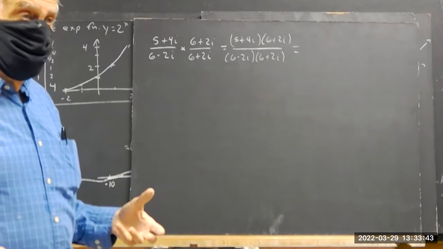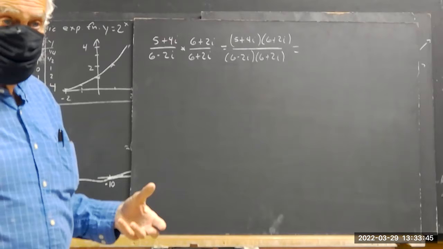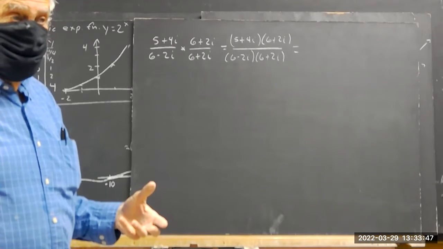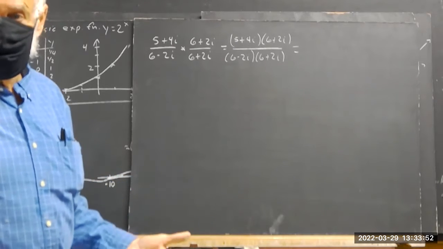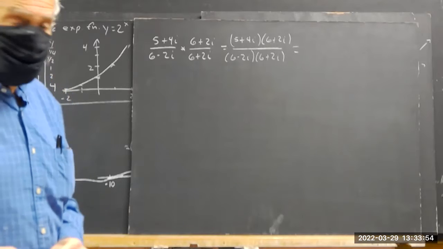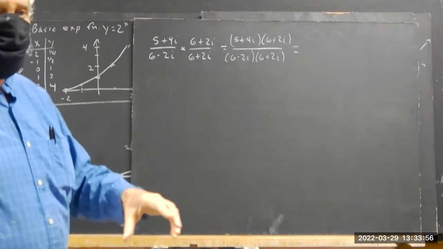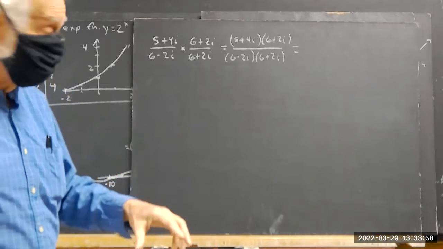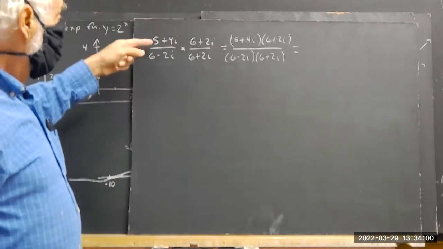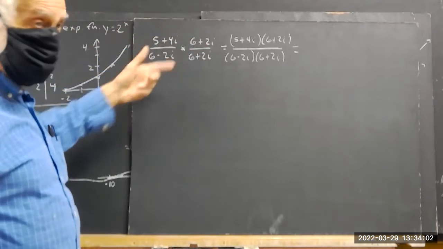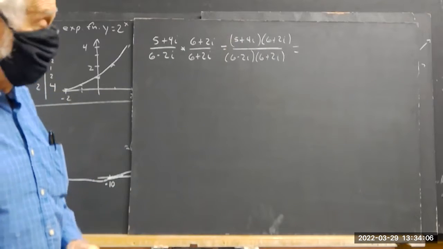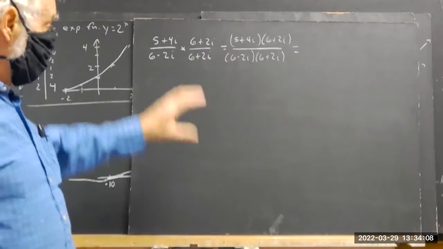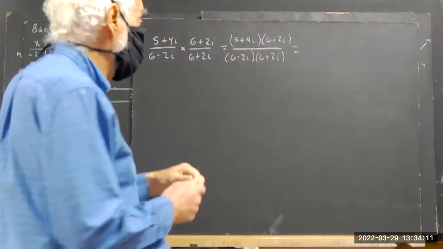And fractions develop a lot more attitude very shortly. So make sure you understand the basic operations for fractions: to multiply two fractions, you multiply the numerators, you multiply the denominators, nothing to it.